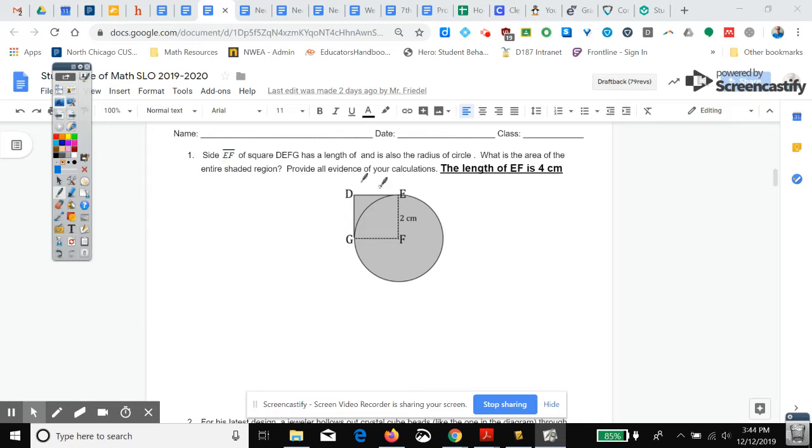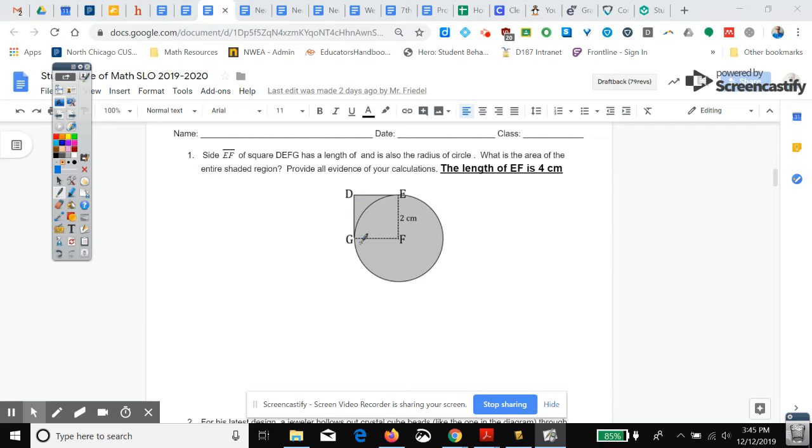Side EF of square DEFG has a length of 4 centimeters, because this is a study guide, it's changing stuff. So this is 4. And that's also the radius of the circle F. So what is the area of the entire shaded region?